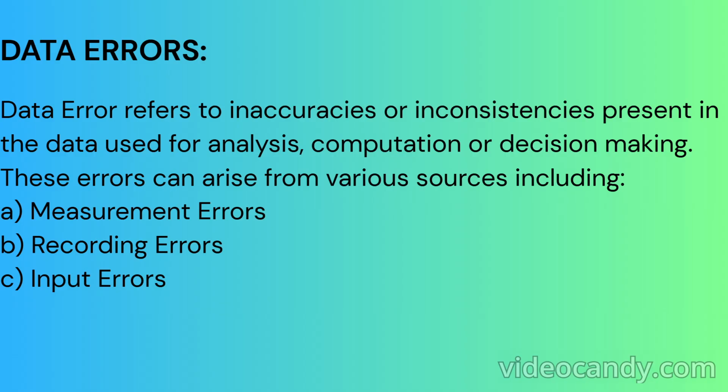The next one is data error. Data error refers to inaccuracies or inconsistencies present in the data used for analysis, computation, or decision making. This error can arise from various sources, such as measurement error, recording error, and input error.